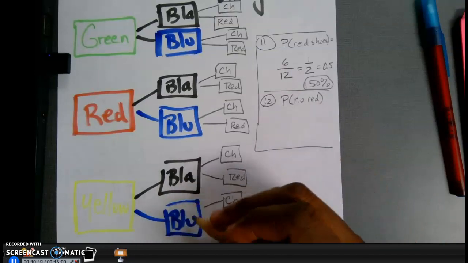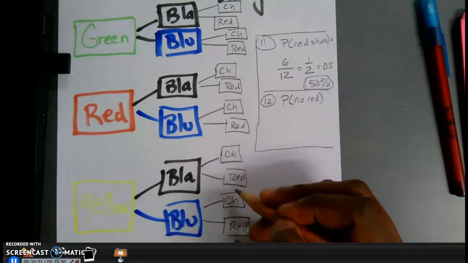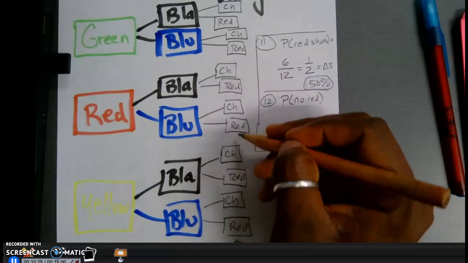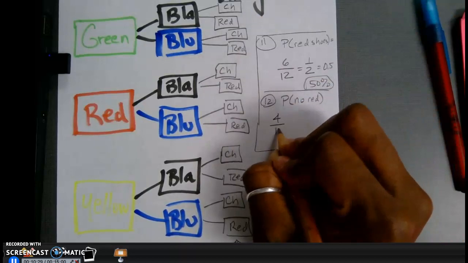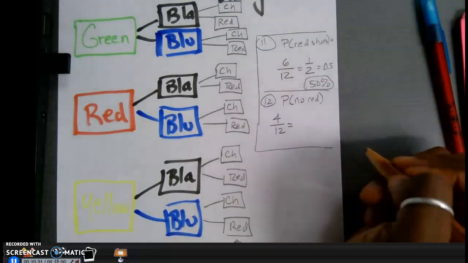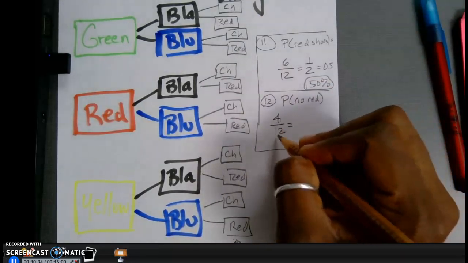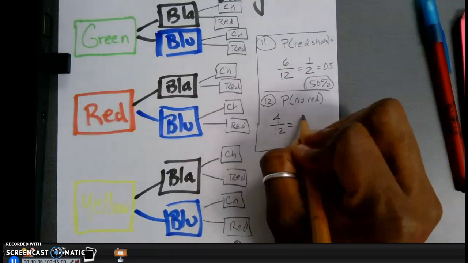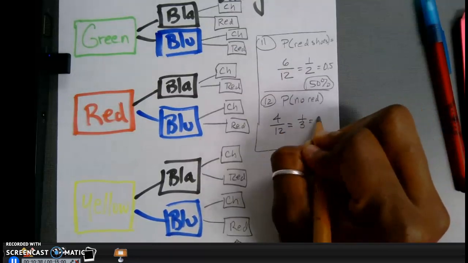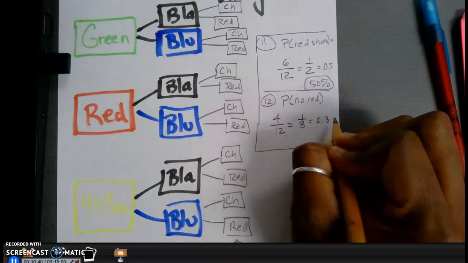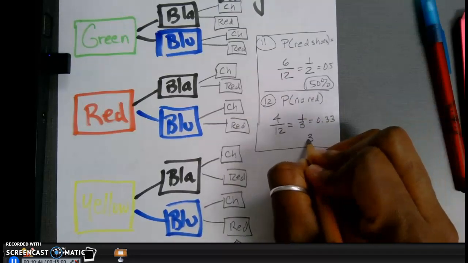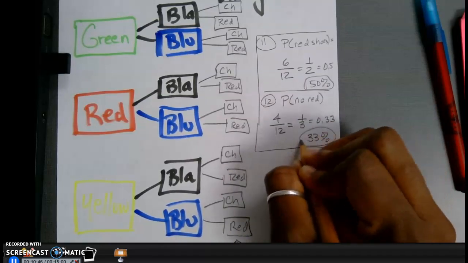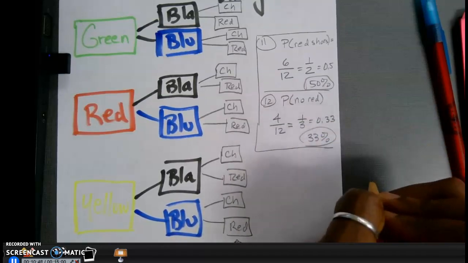So no part of the outfit is red up until the shoes. So 1, 2. Those two options I can't pick any of these. 1, 2. So that's 4 total. So 4 out of my 12 options would satisfy that particular probability. In this case, 4 out of 12 simplifies to 1/3, which is approximately 0.33, and then about 33% of the time, randomly choosing those things.